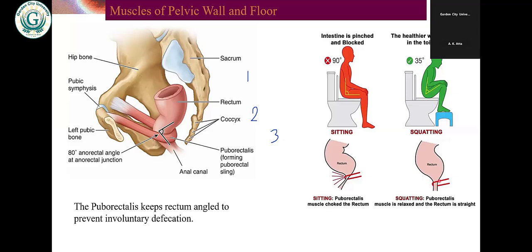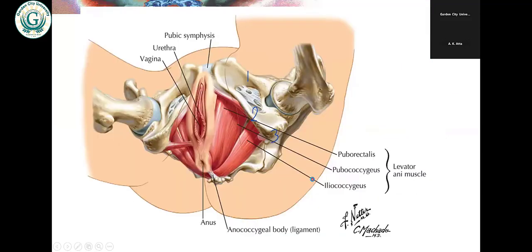So the puborectalis, when you squat, is relaxed, and the rectum is straight, so that defecation becomes much easier. That is better than when you are sitting, where the anorectal junction is narrowed.